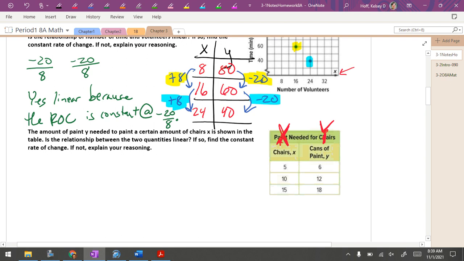Okay, let me do the next thing. 10 to 15. Up 2? 6 to 12 is up 2? Never go by multiplication. 12 to 18.